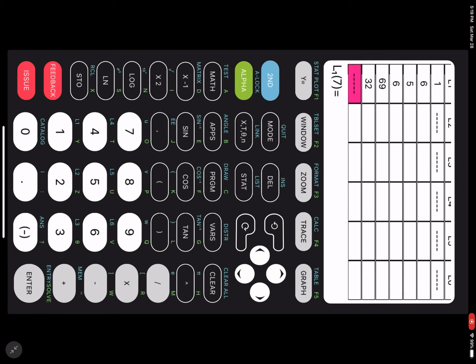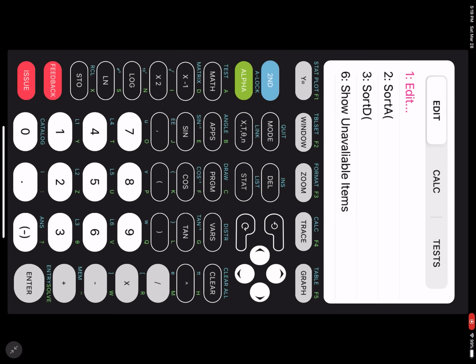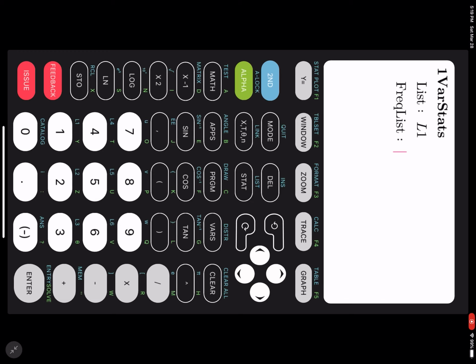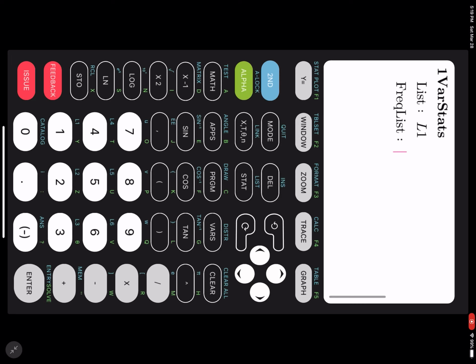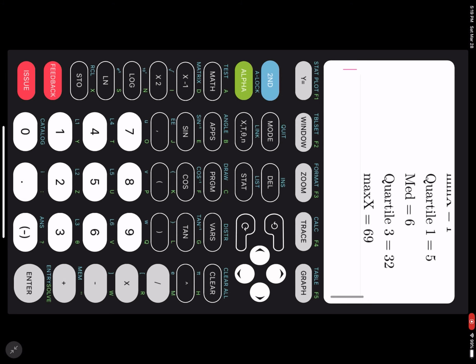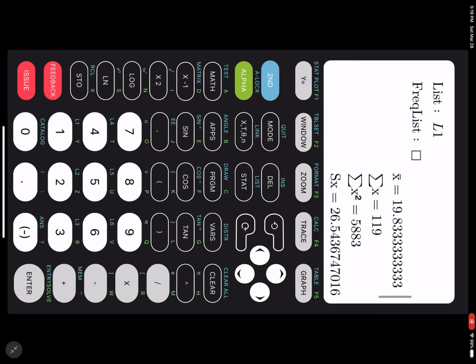There we go. And then I want to hit stat, calc, 1-var stats, frequency 1 time. Your calculator might be different. Stat, calc, 1-var stats, enter. All right, and now I can see my output here.